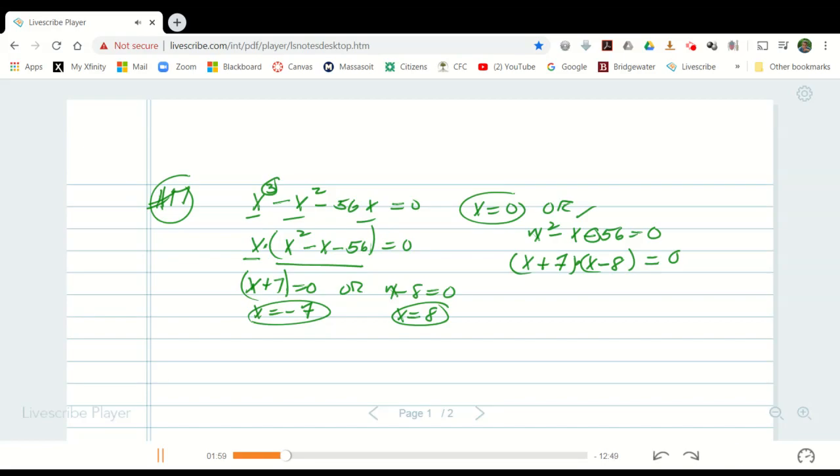Here's a case where we get three different solutions, letter A, and they're all unique. It could be a situation where you have three answers and two of them are the same. Conceivably, you could have three answers because it's a third degree equation, and all three of them be the same. But here we've got three unique answers, and that's how you do a third degree.